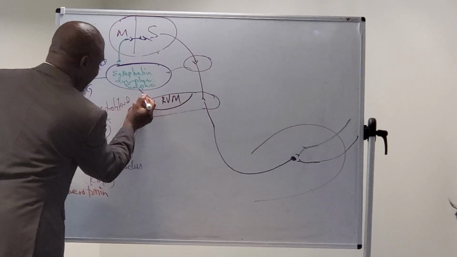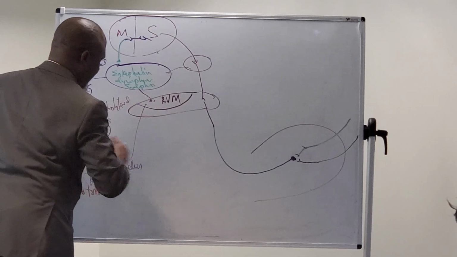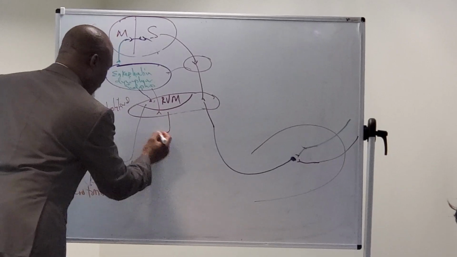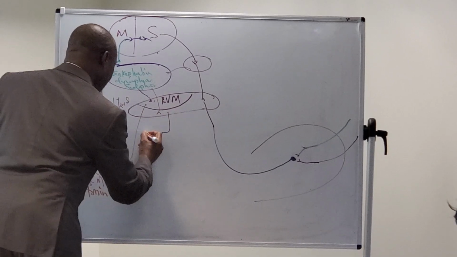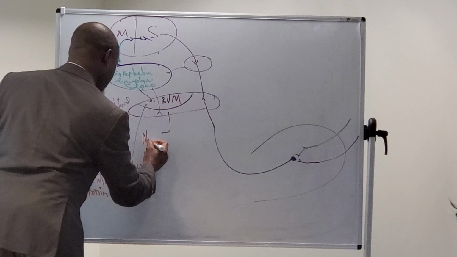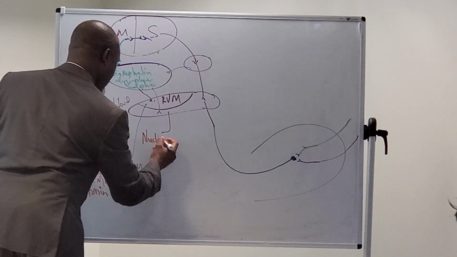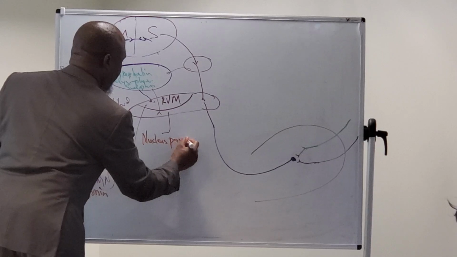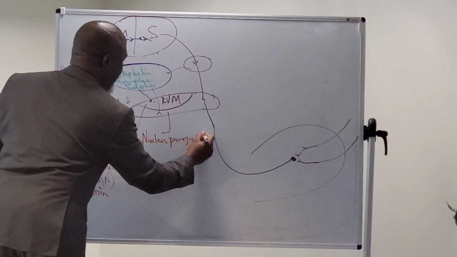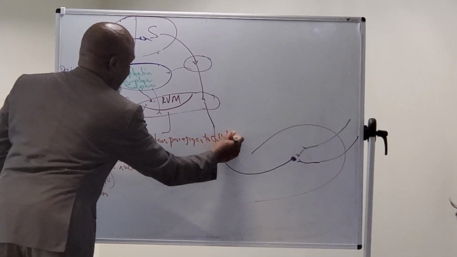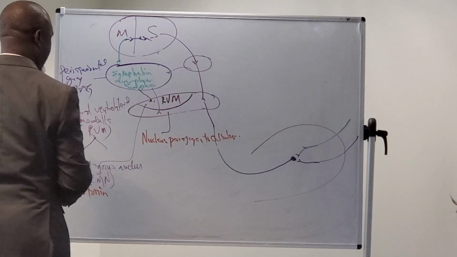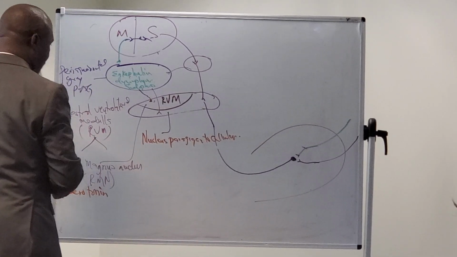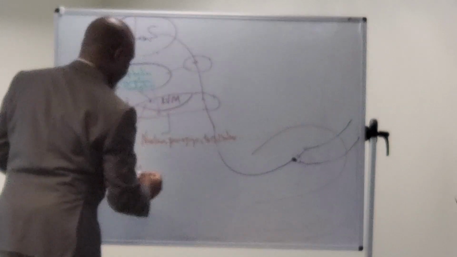And it will stimulate this. The lower one is called the nucleus paragigantocellularis.